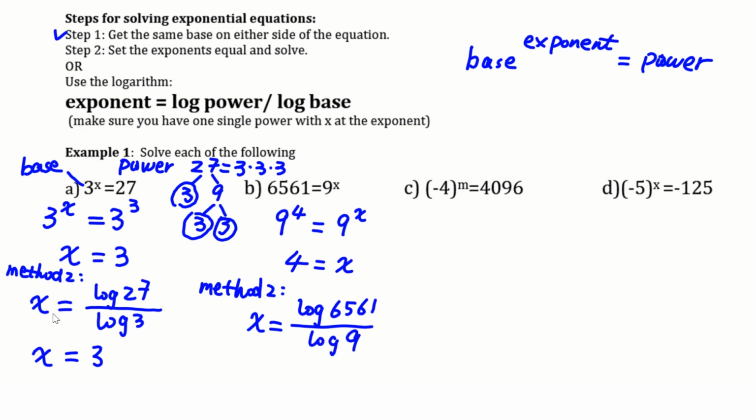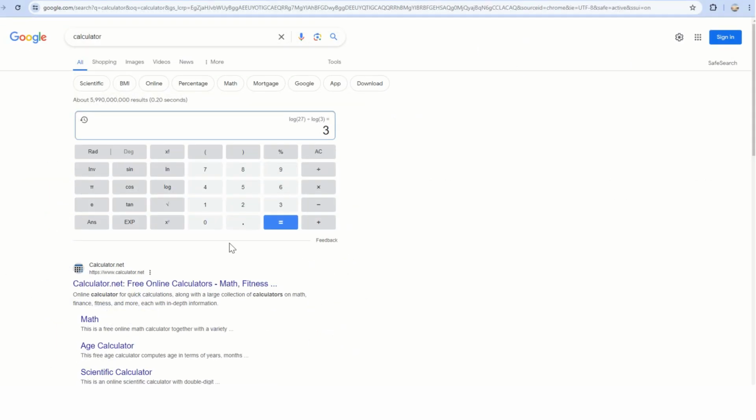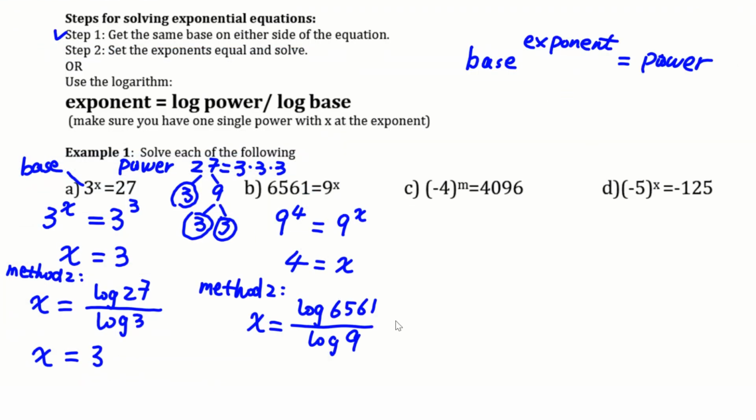Then we are going to see log 6,561 divided by log base 9. Then equals, it gives you 4, so it's the same as the same base method.